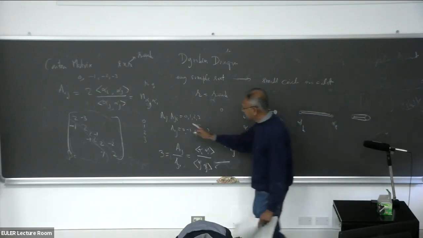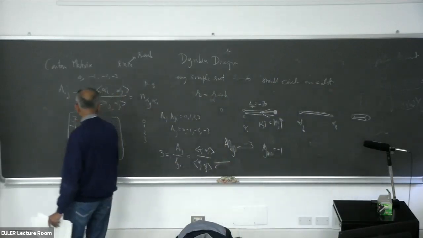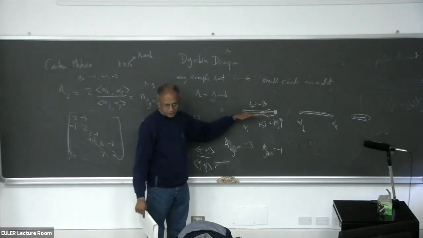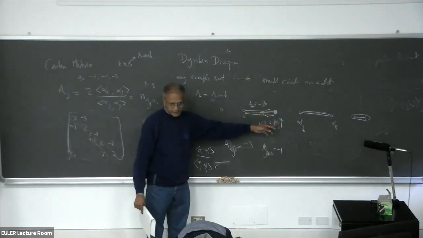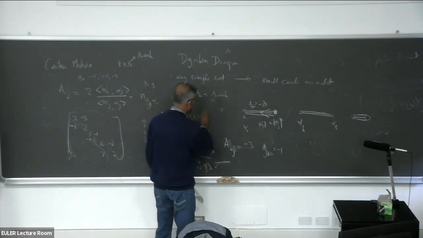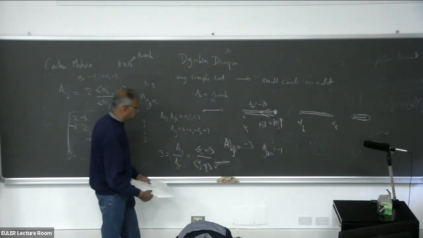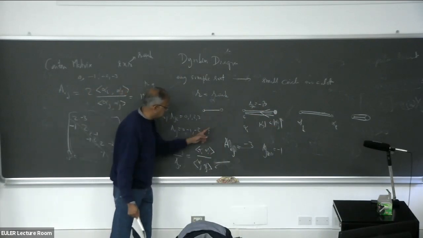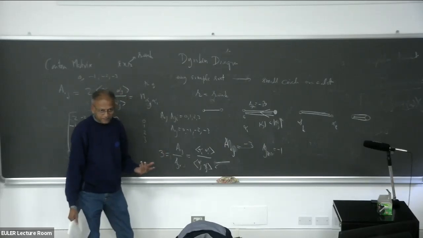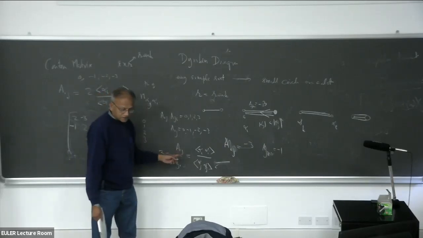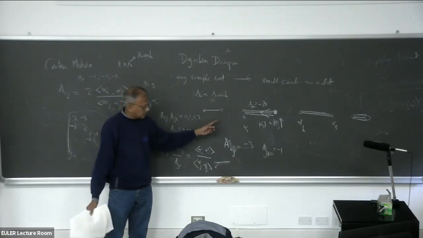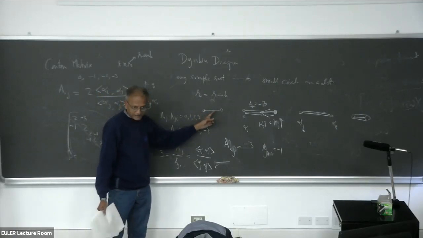So all this information, you can just give in a simple picture. And by looking at the picture, you know immediately what it is. When you have a single line, I don't have to specify this, because a single line means both A_ij and A_ji are -1. So the ratio is 1, the lengths are equal, and there's no arrow because both are of equal length.